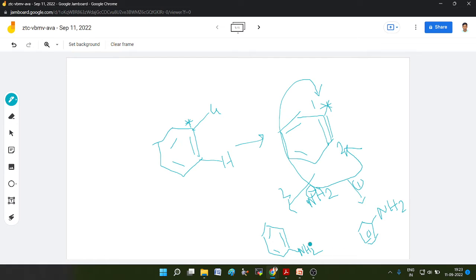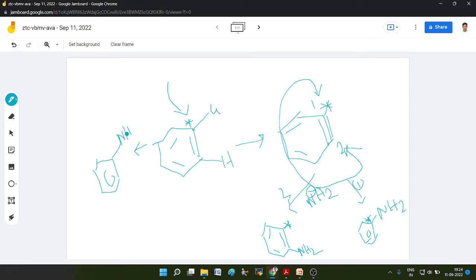Now the difference is that here the isotope was here, and here the isotope is there. You got the point? These will show the difference actually. If it is a normal substitution, what would you end up with? Only one thing. You will get only this product.